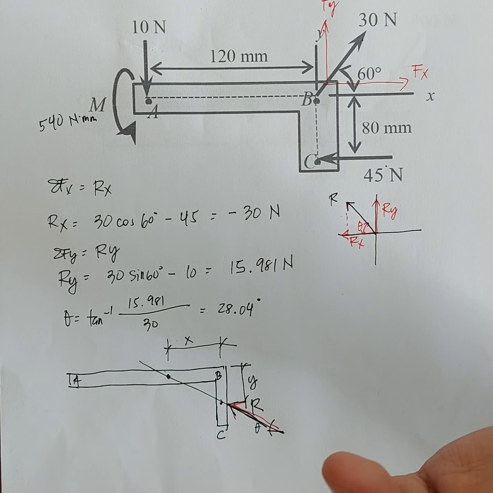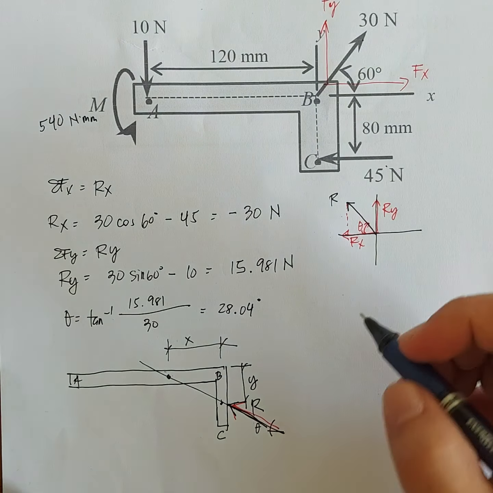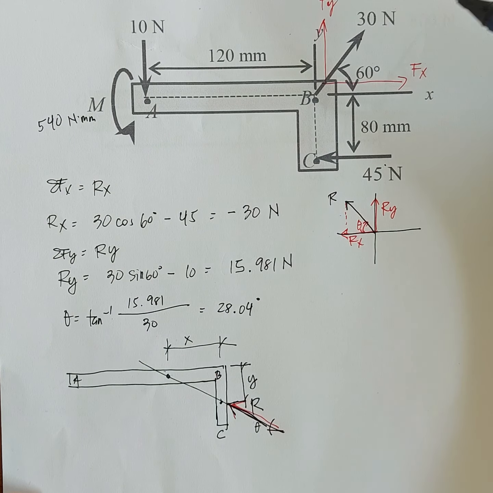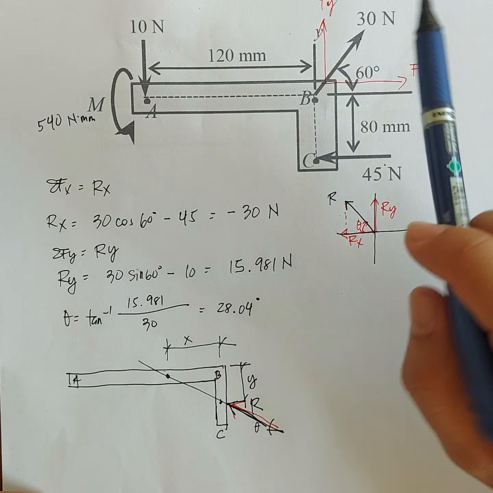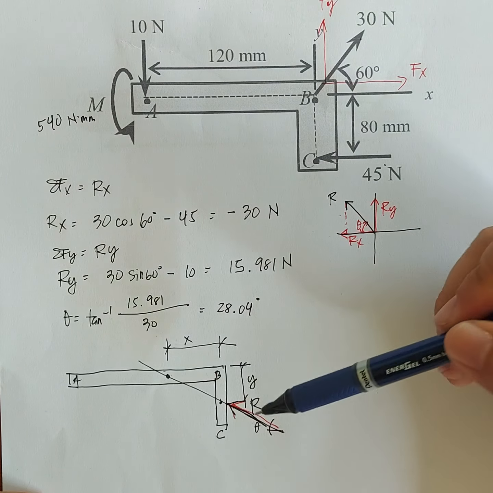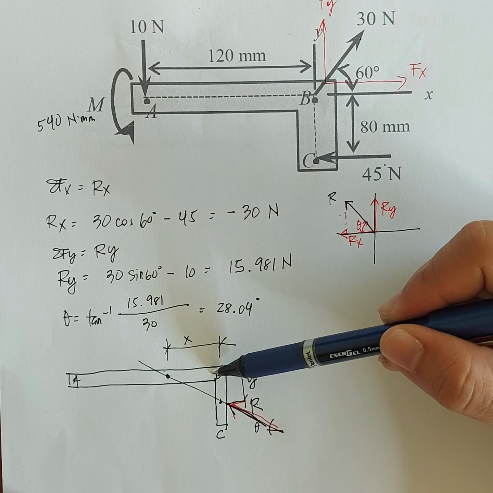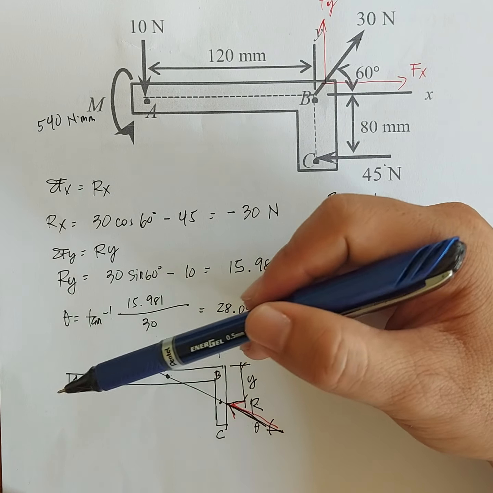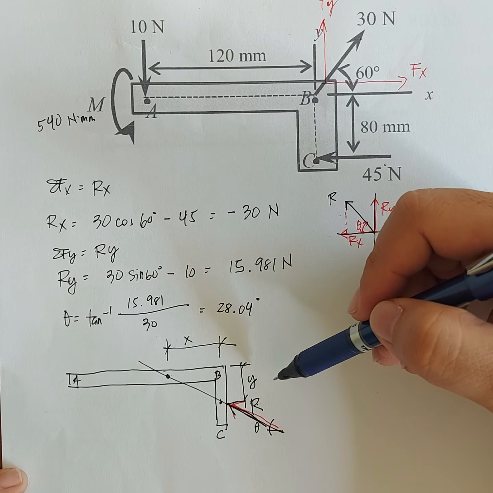That means that I have, sinabi ko na kanina, yung moment created by the system of forces, should be equal to the moment created by R, no, at point B. Okay, or whichever reference point we have chosen. Pwede rin point A, pwede rin point C, but then here we have chosen point B.